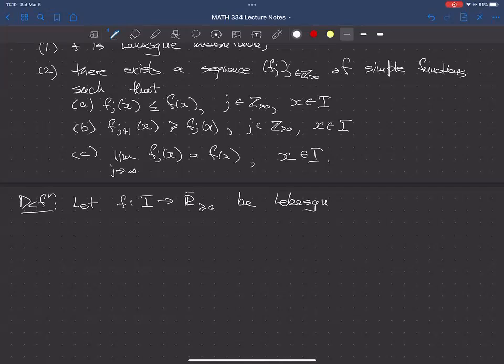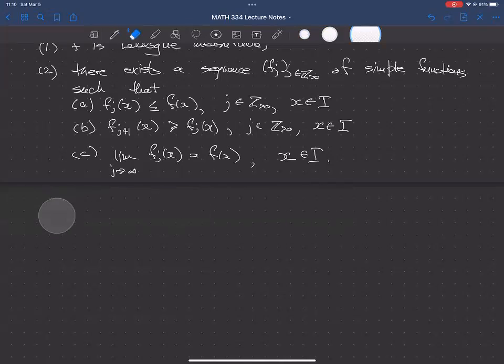Oh, sorry, I apologize. First, I am going to define the Lebesgue integral for simple functions, so it's clear how you do that.